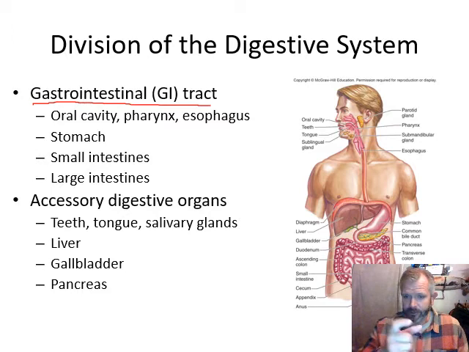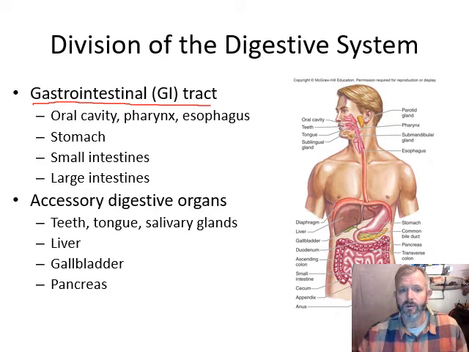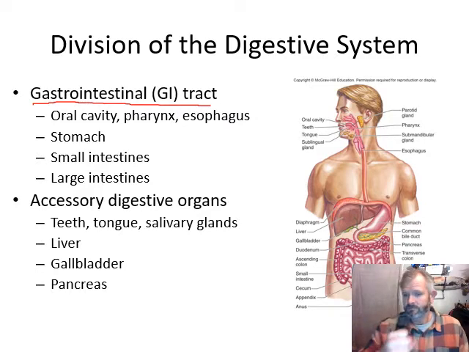This is the tract, the tubing that runs through. And we start at the oral cavity, down into the pharynx and the esophagus, which leads us into the stomach, and then we get into the small intestine and the large intestine. Okay, and that'll finally get us to the anal canal where we eliminate.